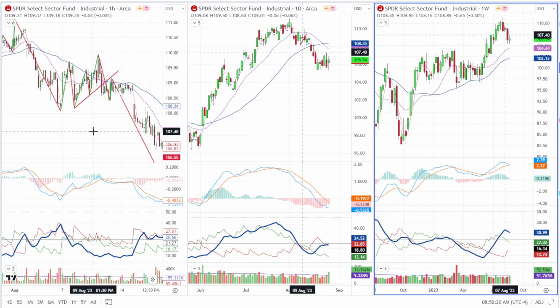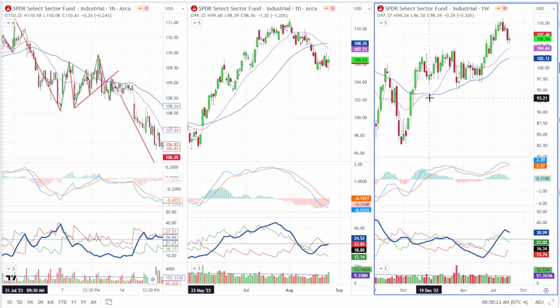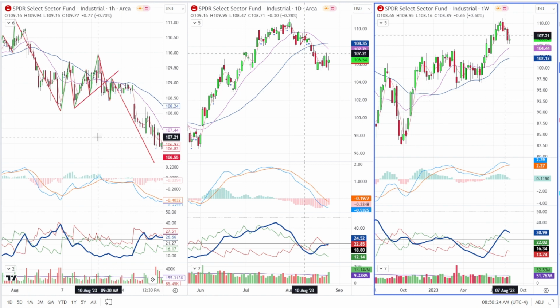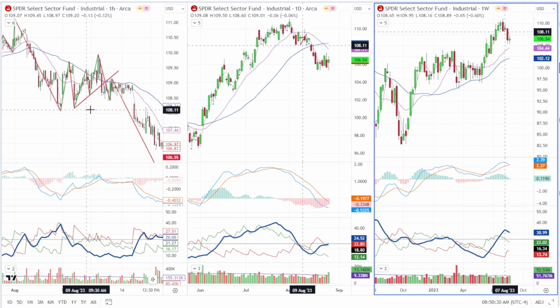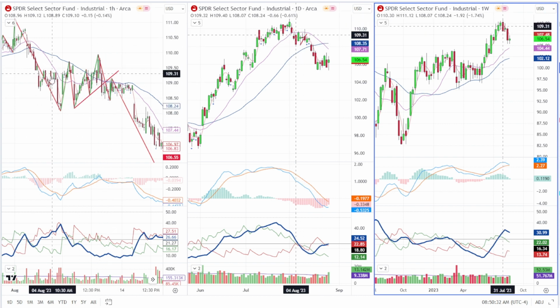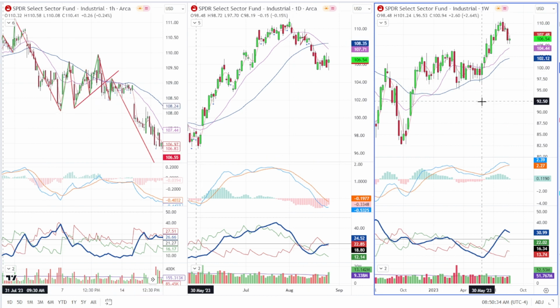I do that when I have this 3 time frame approach. I think it helps to be a little bit more consistent because you want to make sure you've got something truly developing on that smaller time frame. Again, this can be done in any 3 time frames.